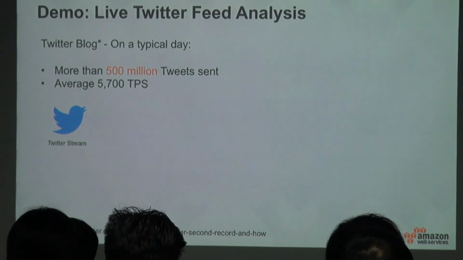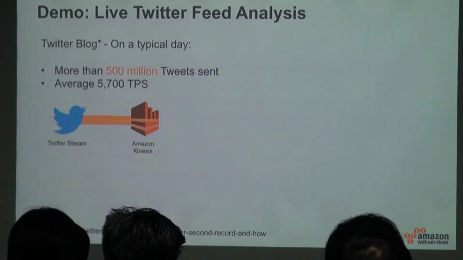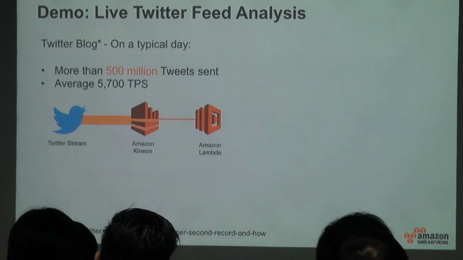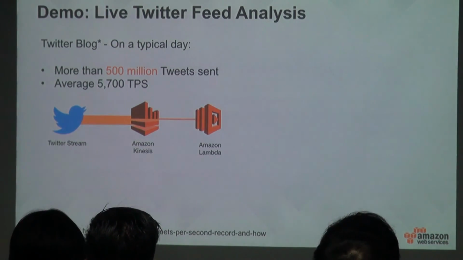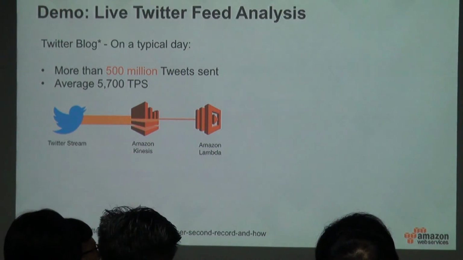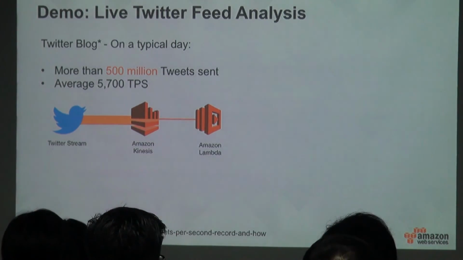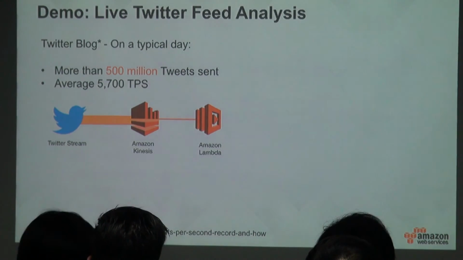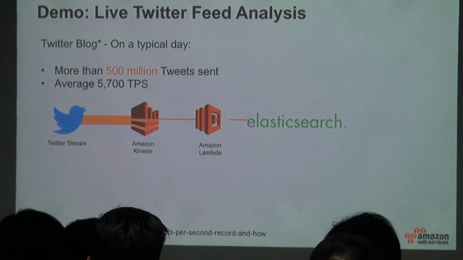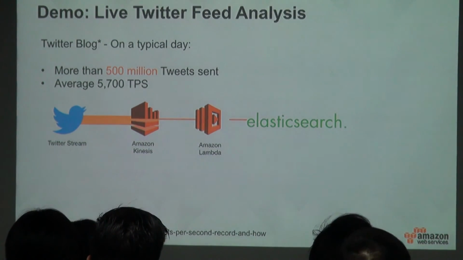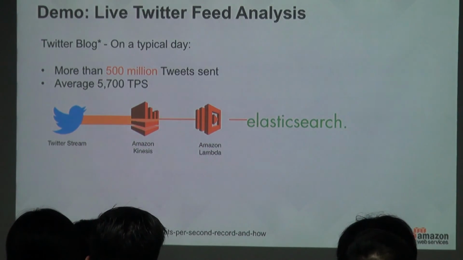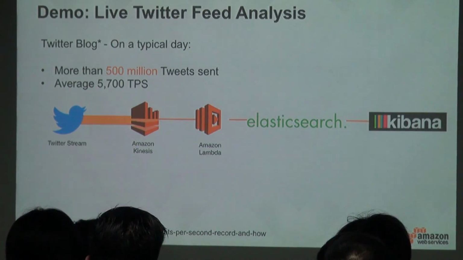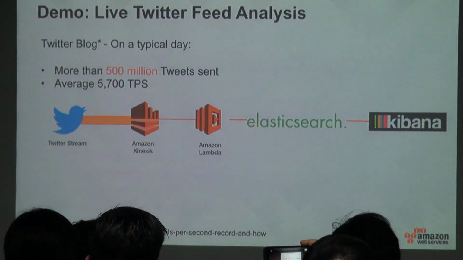So how about we put that into an Amazon Kinesis stream, and then from there we pick it up with an Amazon Lambda function so that we can operate on all the individual tweets that are coming into our Kinesis stream. And then I'm going to look for hashtags, and those hashtags I'm going to index into an Elasticsearch appliance, and that will then allow me to visualize them in browser with the help of Kibana.